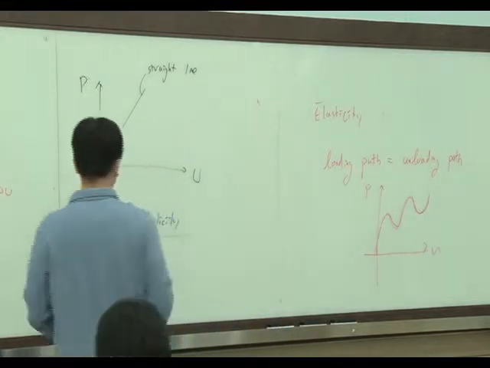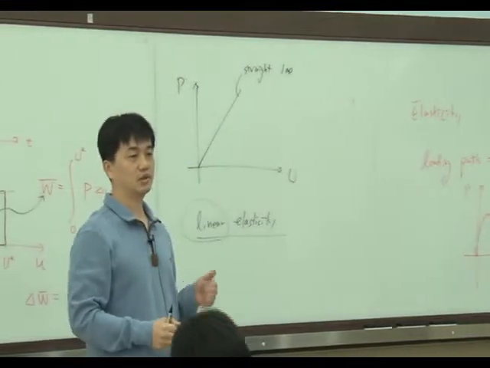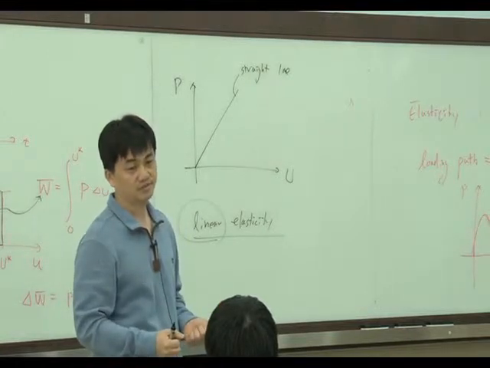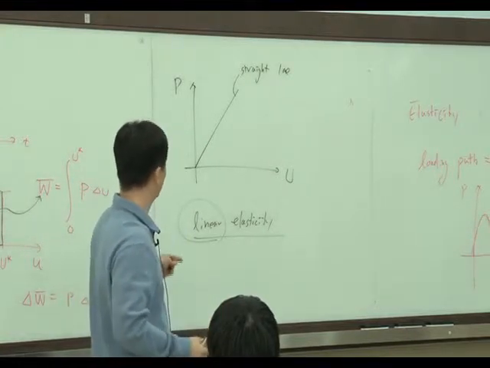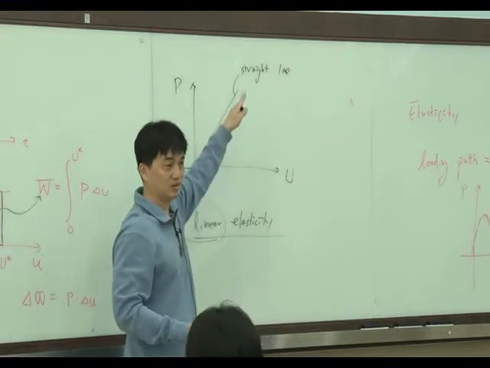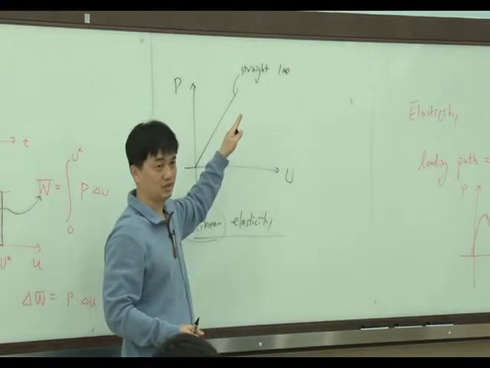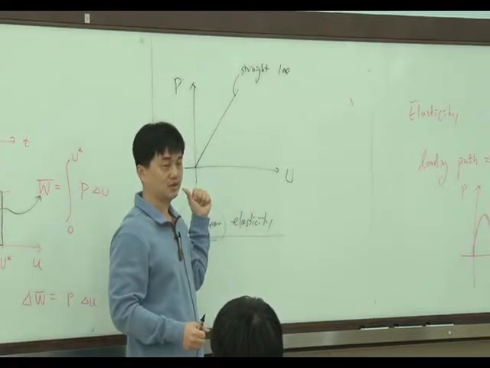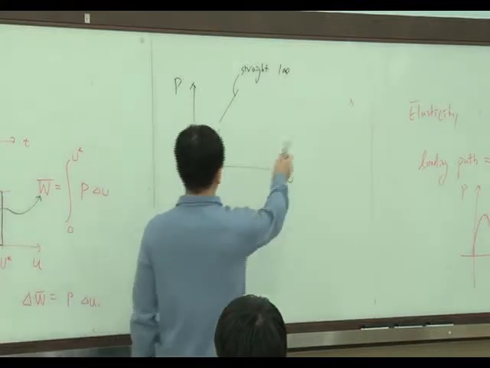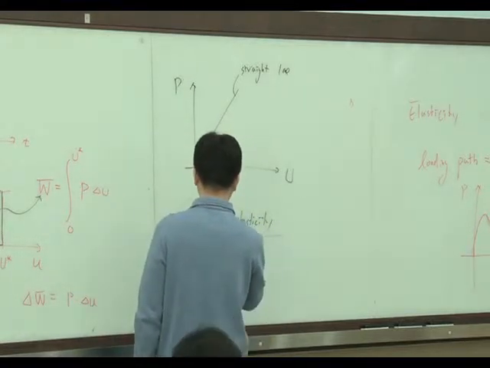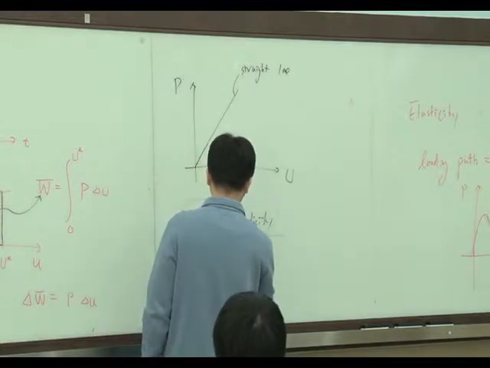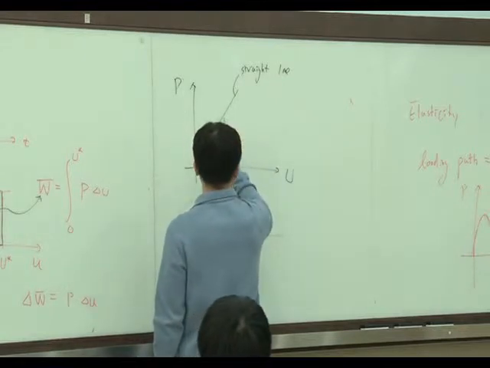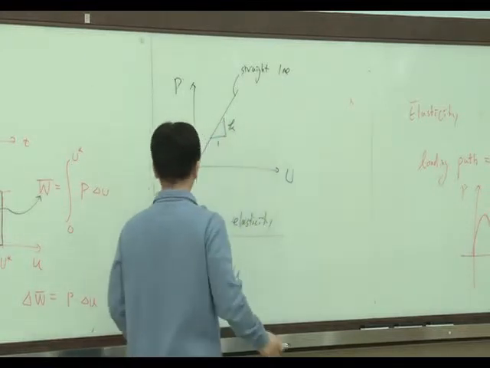The meanings of the terms linear and elasticity are different, right? Linear means the straight shape of the load displacement line, and elasticity means the loading path and unloading path are the same. So in this case, the relation between P and u has a constant K, which will be the slope of this.